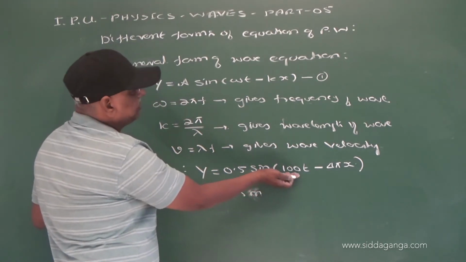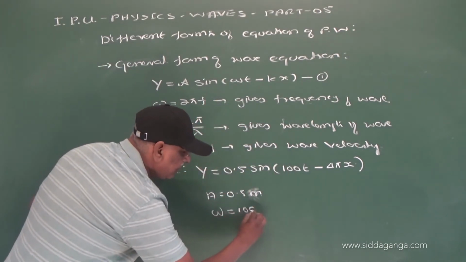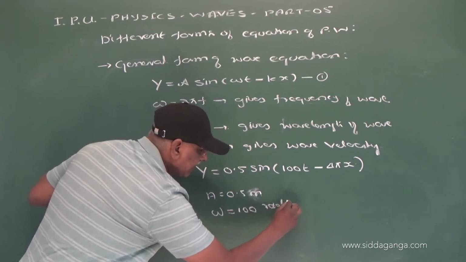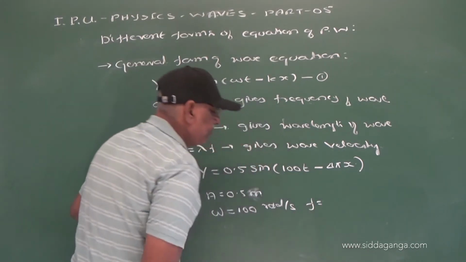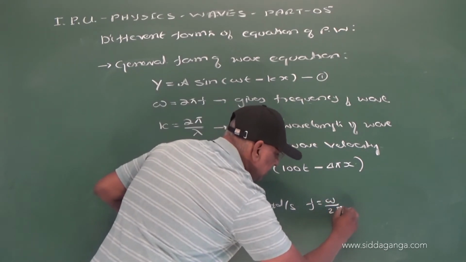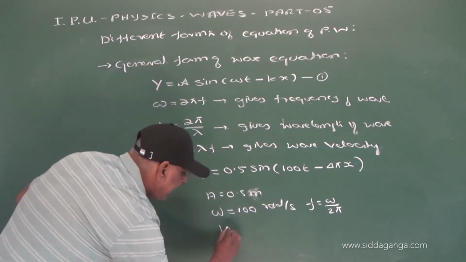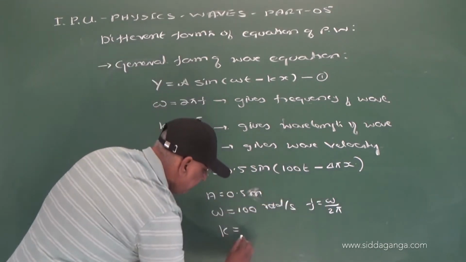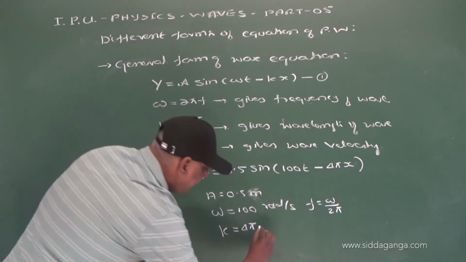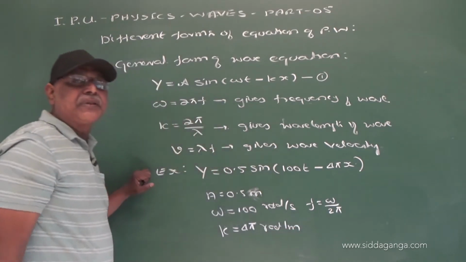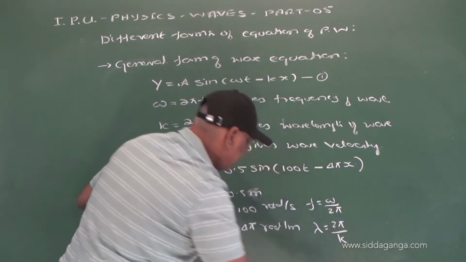Now when we compare this equation with the standard equation, omega is equal to 100 radian per second. That means f is equal to omega by 2 pi. With that we can calculate the frequency. Now k is equal to 4 pi radian per meter, and we have lambda is equal to 2 pi by k.